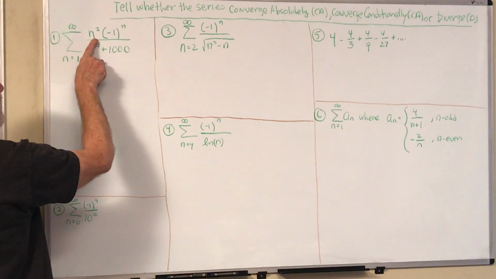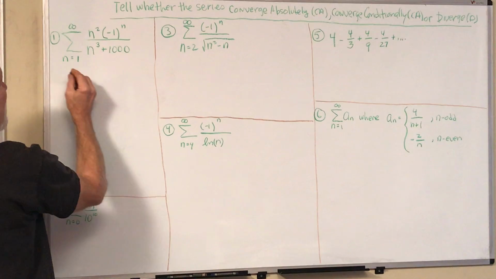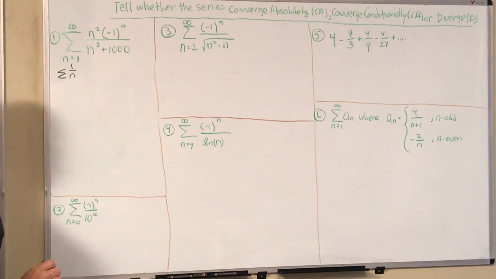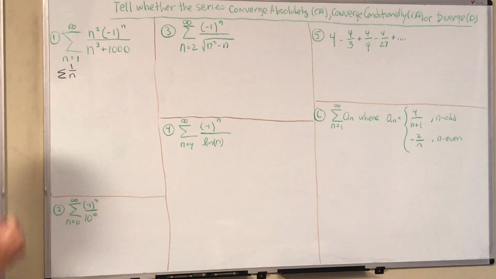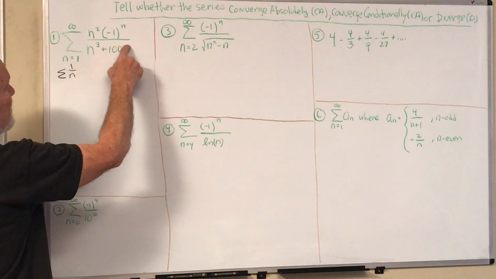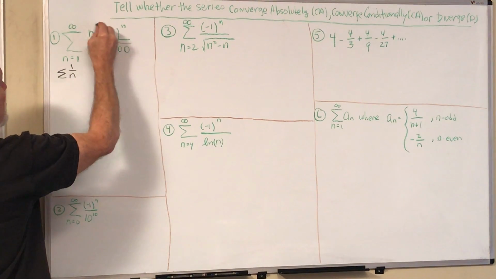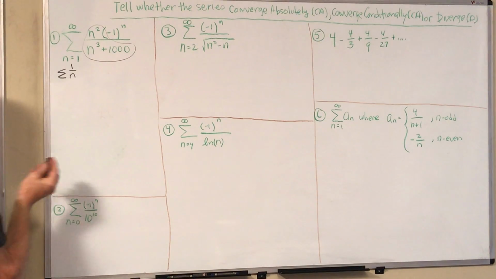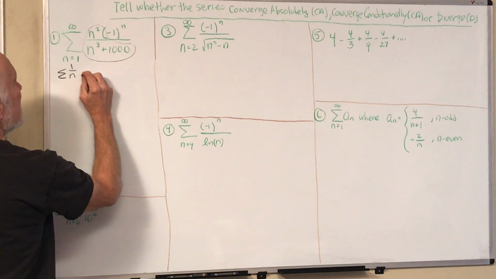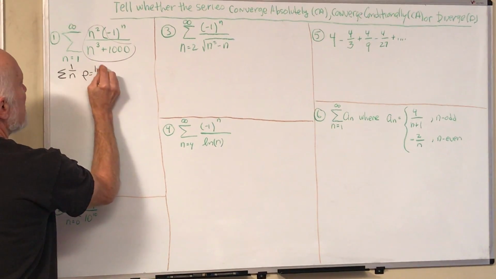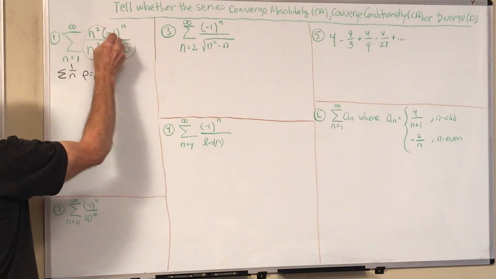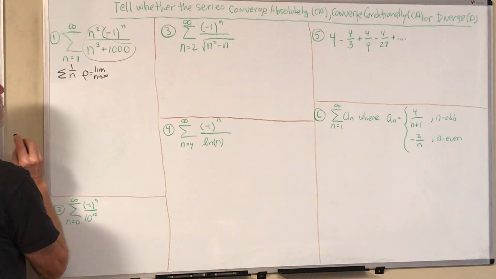So, if I start out here, first I have to find out if they converge absolutely. So I'm even going to forget that this is an alternating series. Let's just wipe that part right out. And what does the series look like? It looks a lot like the series 1 over n. But I can't use the comparison test because these terms are less than 1 over n. So I have to use the limit comparison test. So I say rho is the limit as n approaches infinity of this term divided by this term.